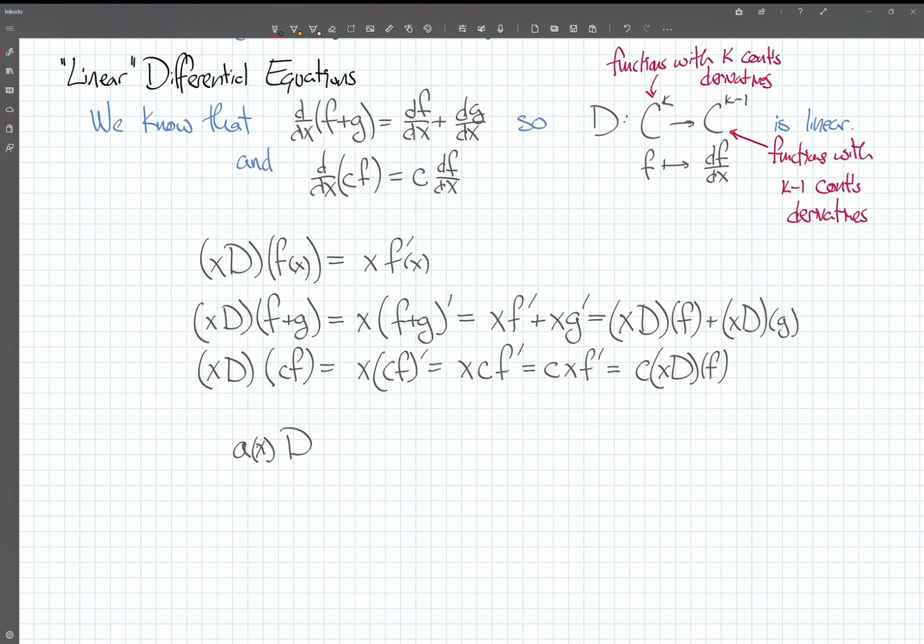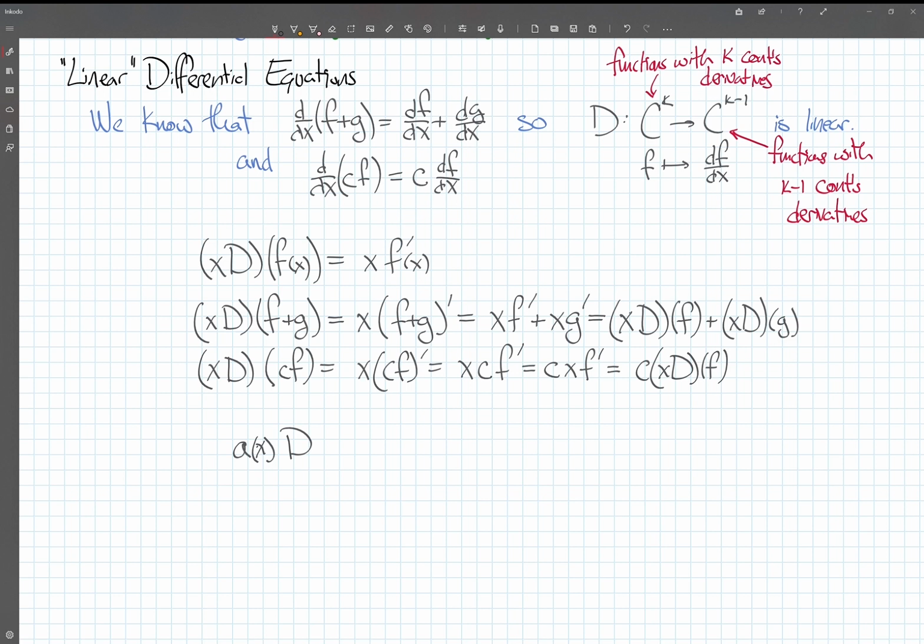Now, the thing about linear transformations is that if you add two linear transformations together, you should get another one. If you compose linear transformations, you should get another one, which means that with just these building blocks, multiplying by functions and taking a derivative, we can write down a really large class of linear transformations from functions with some derivatives to functions with maybe some other number of derivatives.